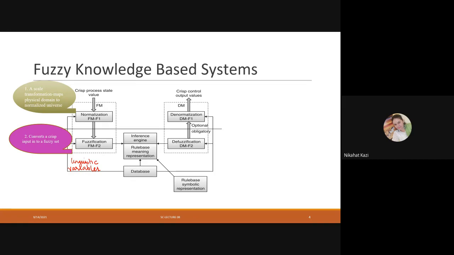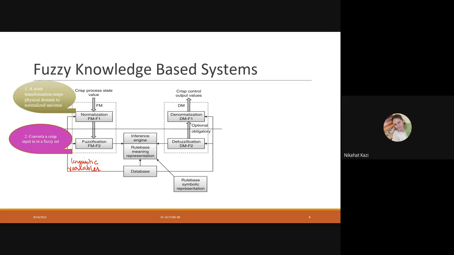Whatever value comes into the system after normalization and is given to the fuzzification module, it will convert that crisp input to a fuzzy set. Next, what is the next step? So the next step is defuzzification.